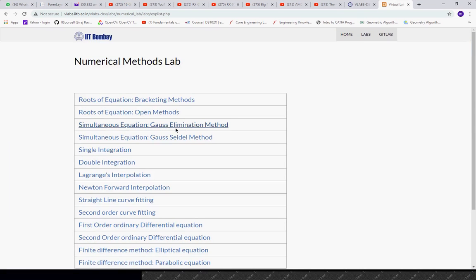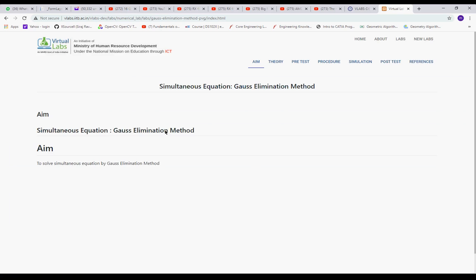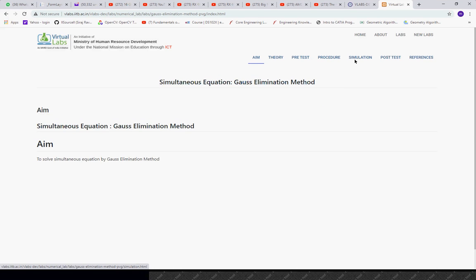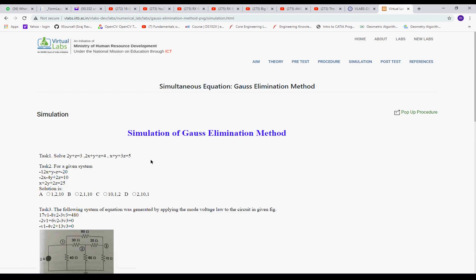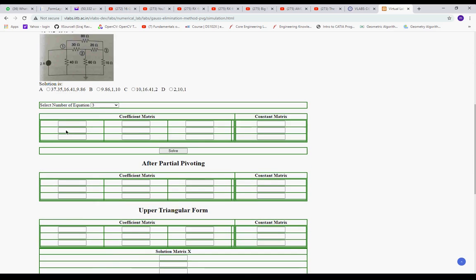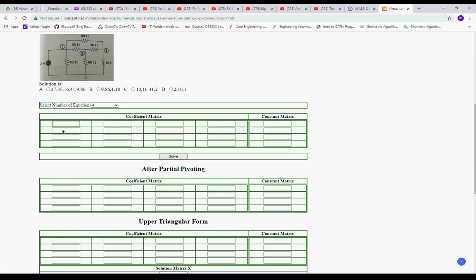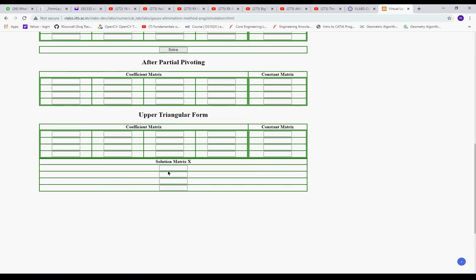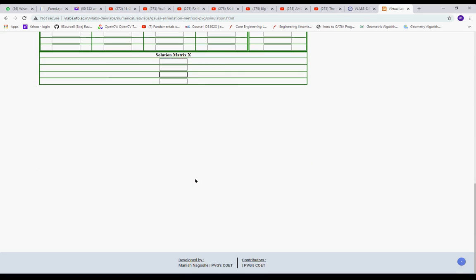You can go explore, and you have the simultaneous equation Gauss elimination method. You can get into simulation. In simulation, these options are there. So you can have 3 by 3, 4 by 4. You can put the equation here also, and you can solve it, and immediately you will get the solution. So you can use this for calculator purposes.